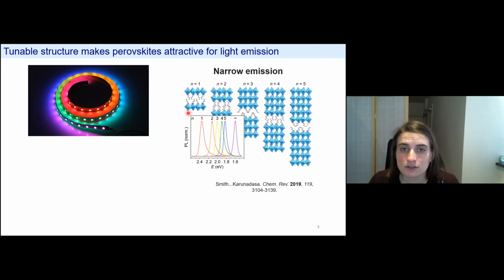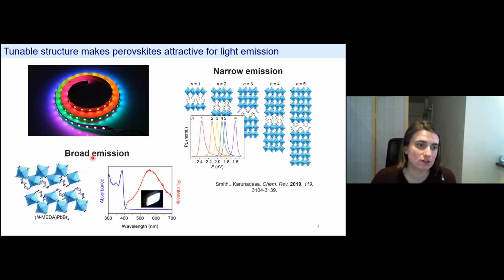Now, these phases are interesting because if you change the number n, you can get emission that is tuned across the visible spectrum. And if you start playing with the bond lengths and bond angles of the octahedra, you really distort them. This is correlated with broad emission, even sometimes white emission, which is interesting for white light LEDs.